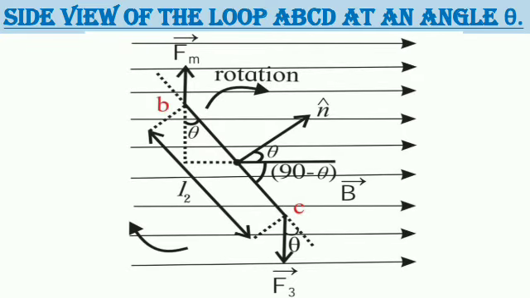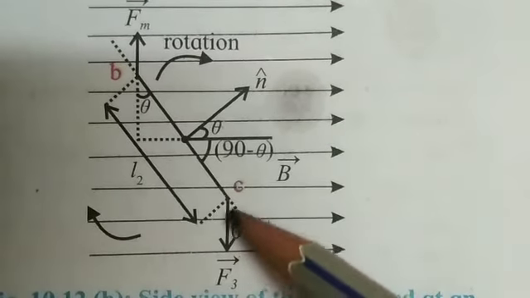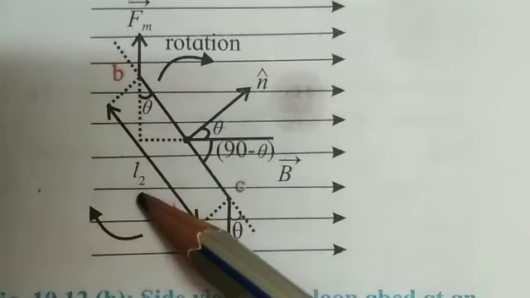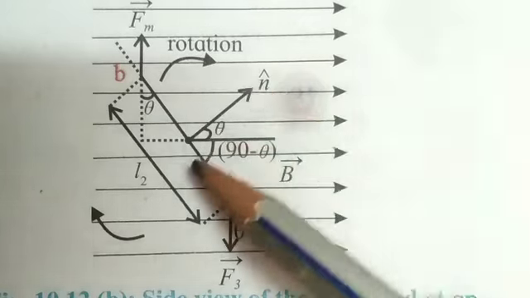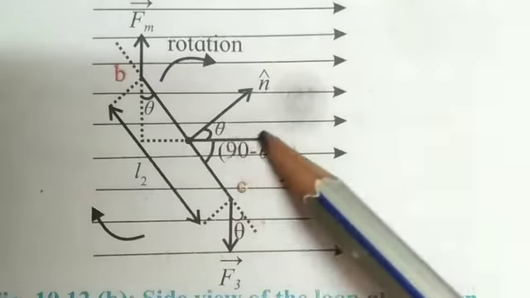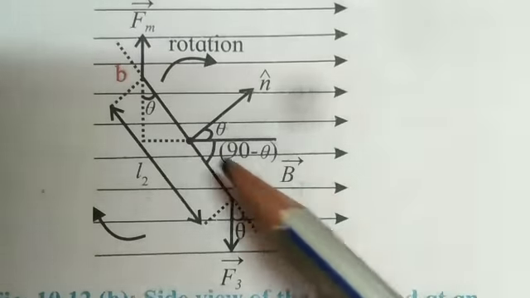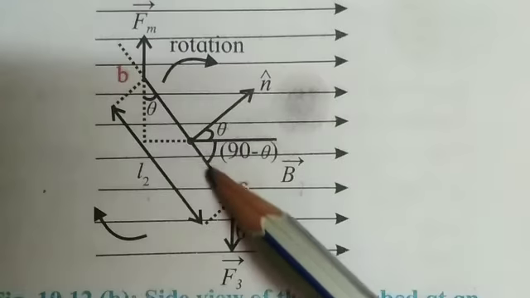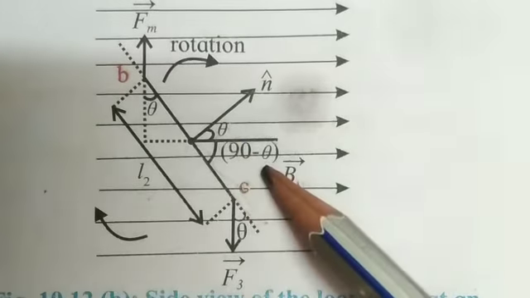Similarly, if we draw a normal to the side BC, whose length is L2, it is going to make an angle theta with the applied magnetic field, vector B. Similarly, for the remaining side, this is 90 degrees, so if we have theta here, this angle will be 90 minus theta, as we know.